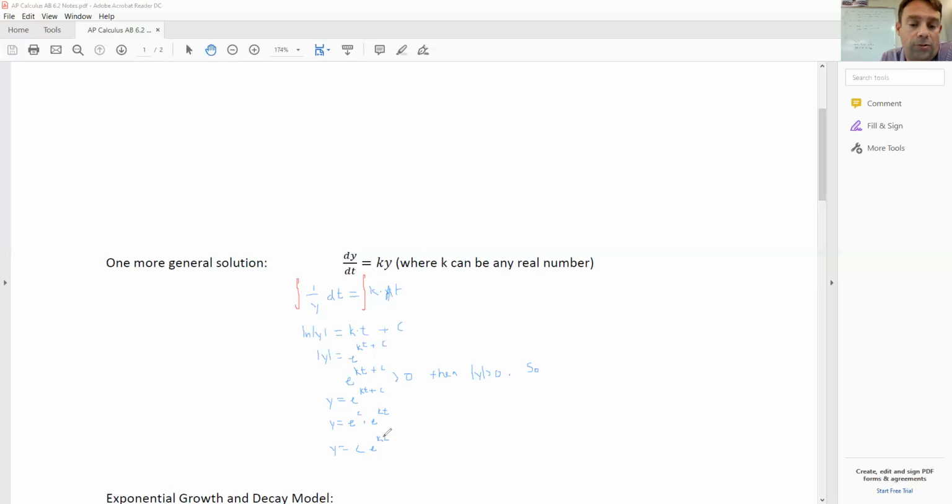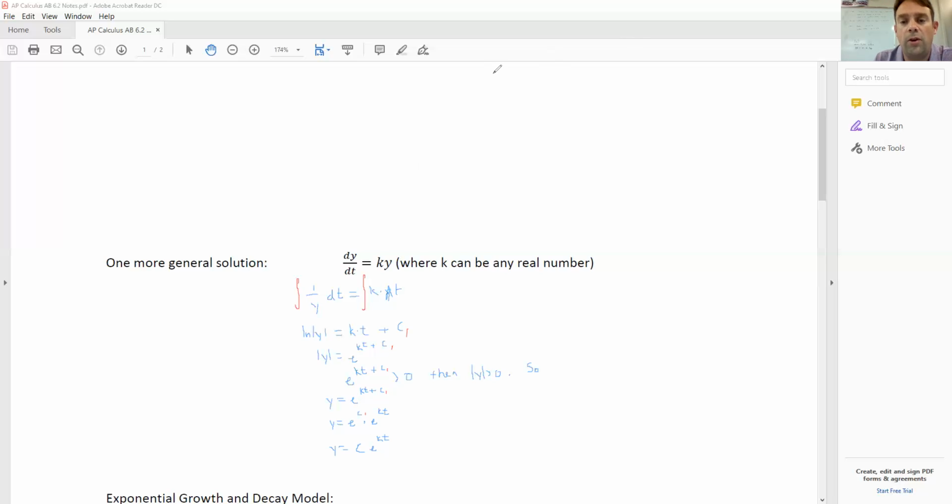And again, those two constant numbers are not the same thing, so I'm going to go back and change that. But I end up with this weird little expression here where y equals c times e to the kt.